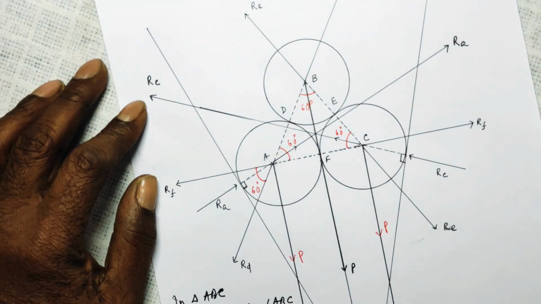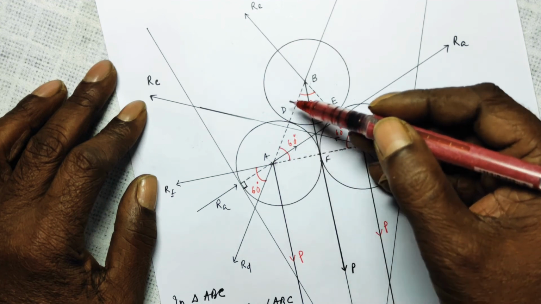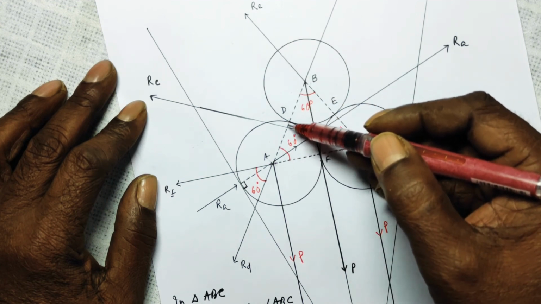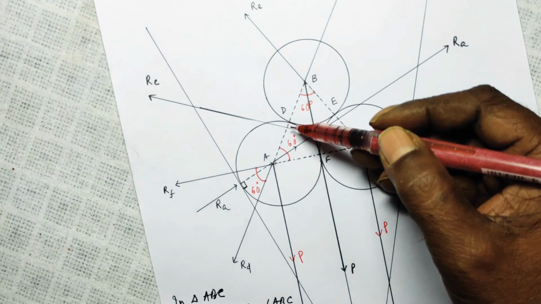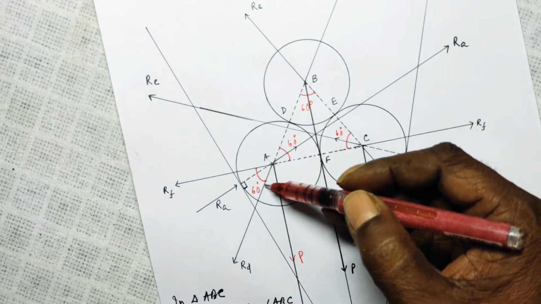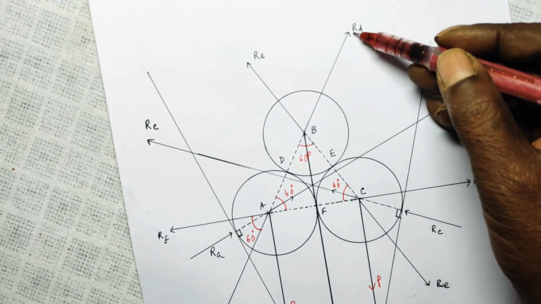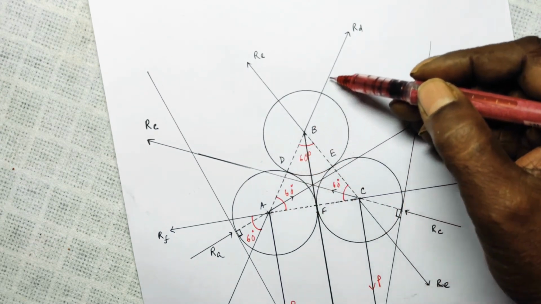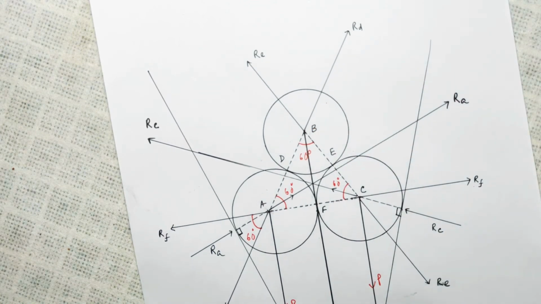And two more. And here, at the point of contact D between this cylinder and this cylinder, the action reaction, so I have shown it as RD to this side for this cylinder, and RD to this side for this cylinder passing through its center B.